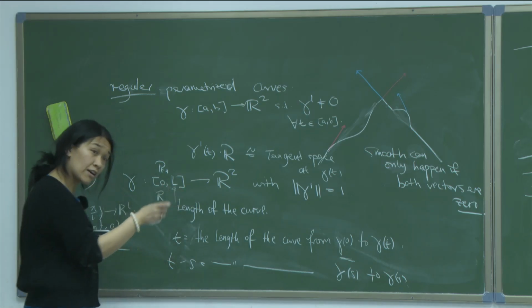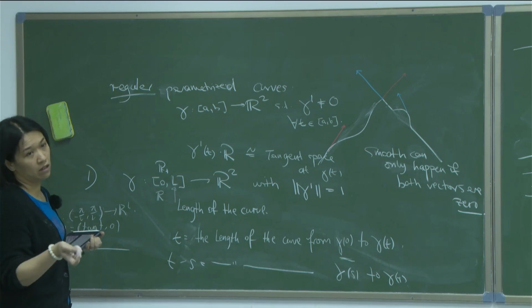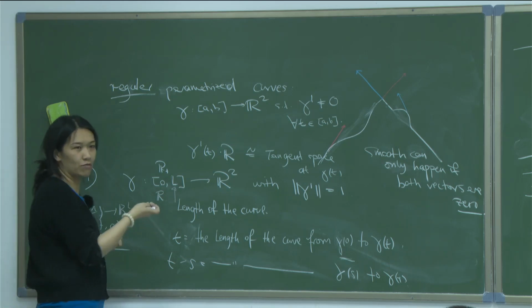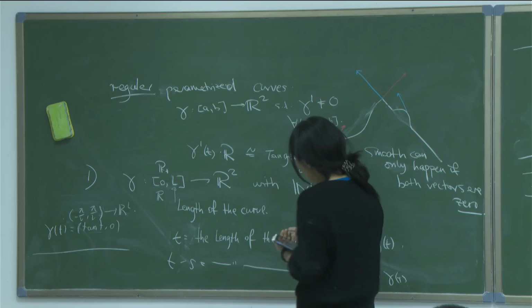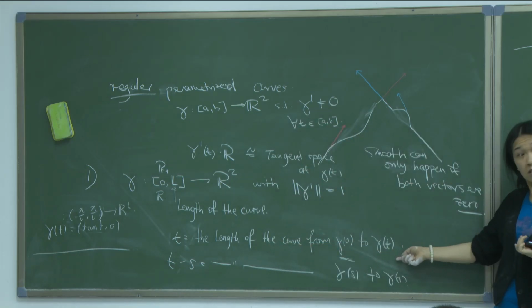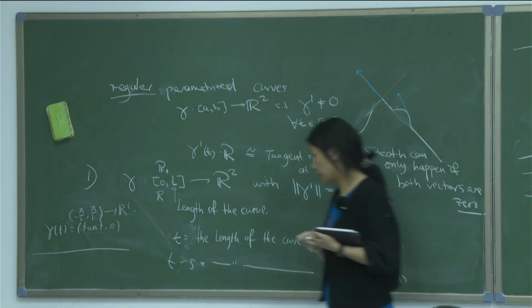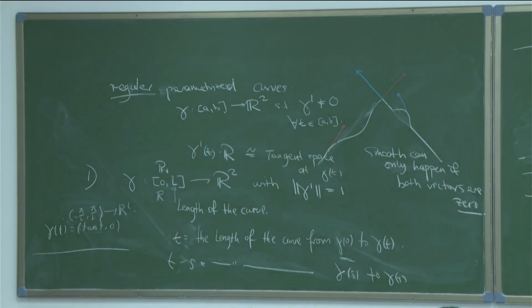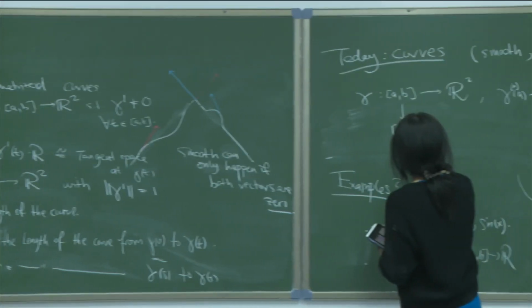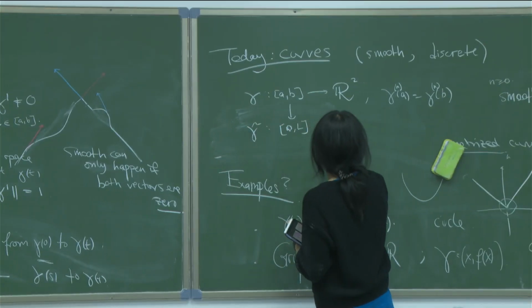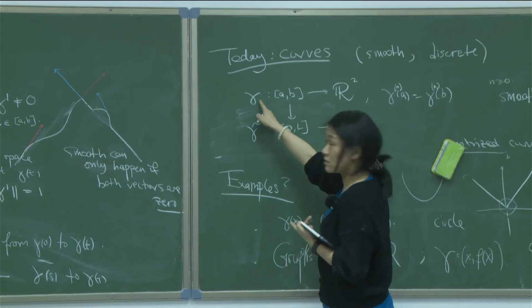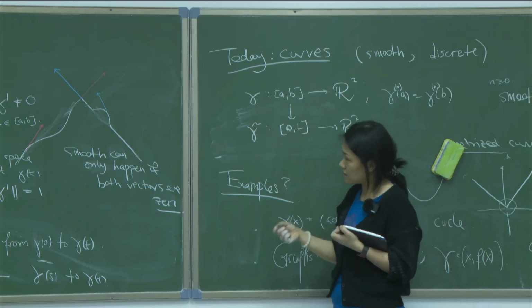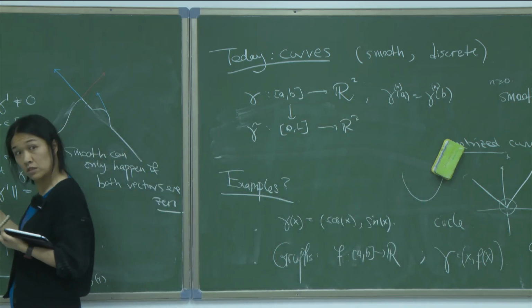But then the problem you have is integrability. Everything still needs to exist, because this line here tells you what t is. When I give you a curve like this, how do you find a map from AB to 0L so that my gamma tilde, which has the same image, satisfies this property?